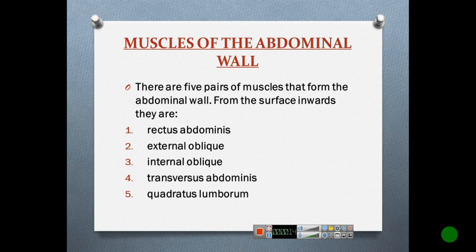Already we have discussed with you muscles of the face and neck. Muscles of the face: occipitofrontalis, levator palpebrae superioris, orbicularis oculi, buccinator, orbicularis oris, masseter, temporalis, and pterygoid muscle.